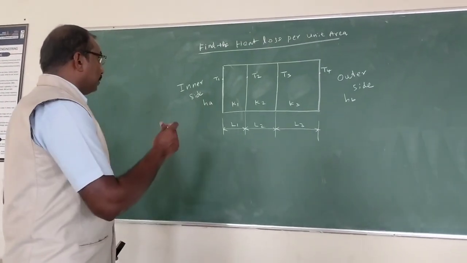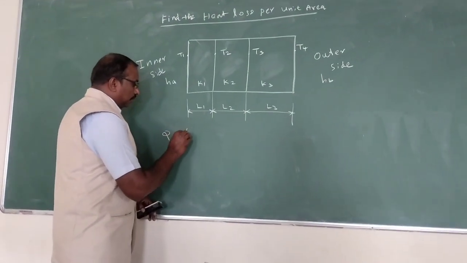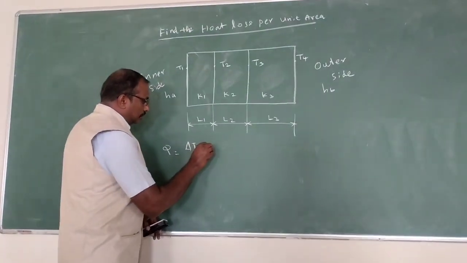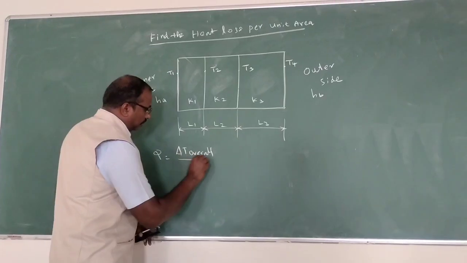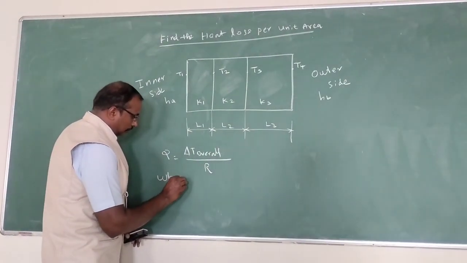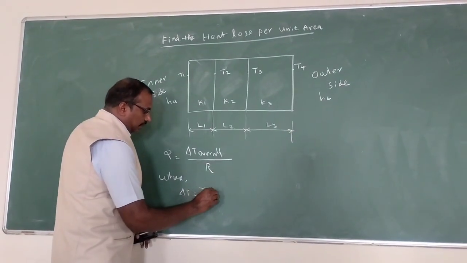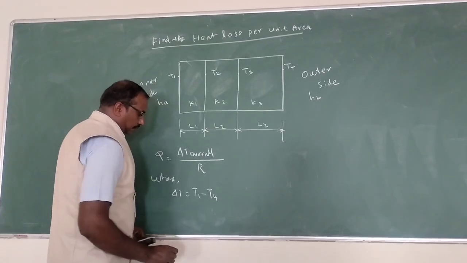To find the heat loss per unit area, Q equals del T overall divided by resistance R, where del T equals the maximum temperature difference, that is T1 minus T4.